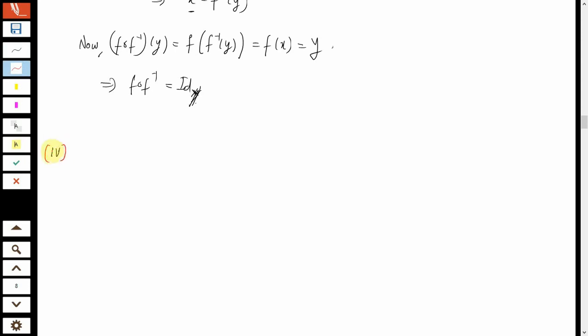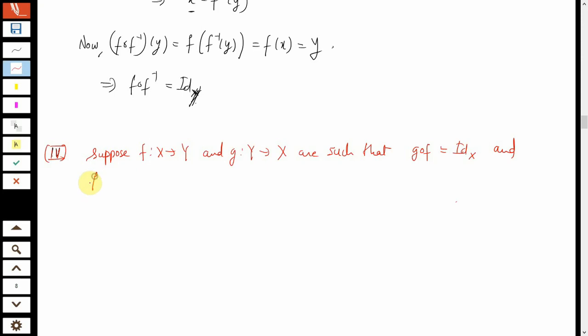So suppose f from X to Y and g from Y to X are such that g composite f, which is a map defined on X, is an identity map on X, and f composite g is an identity map on Y. Then this g acts as an inverse of f.